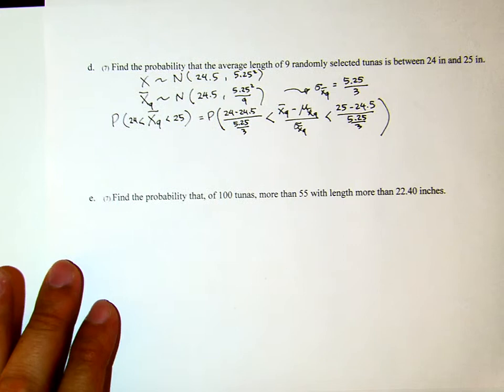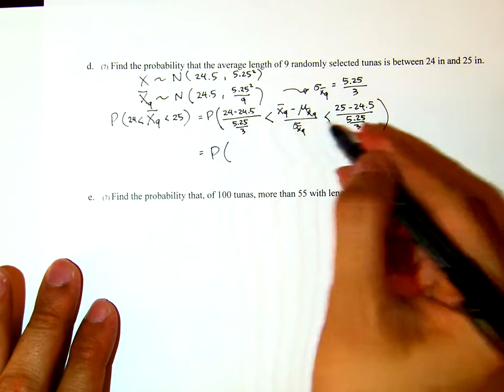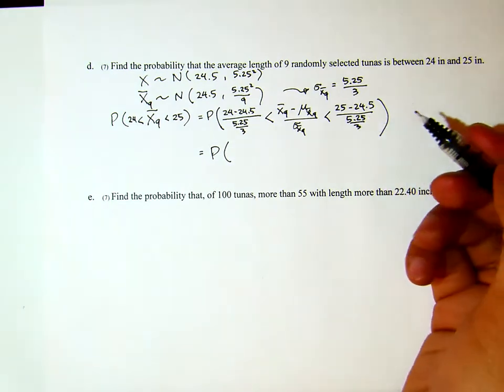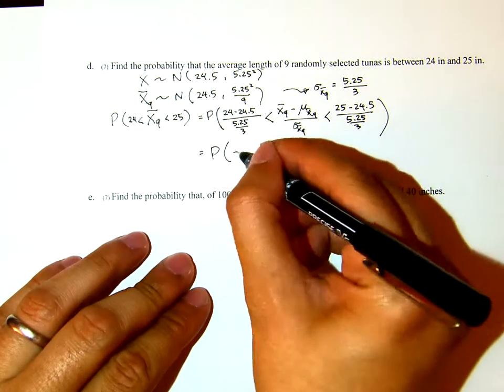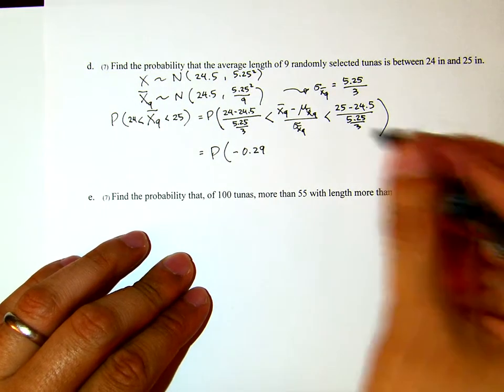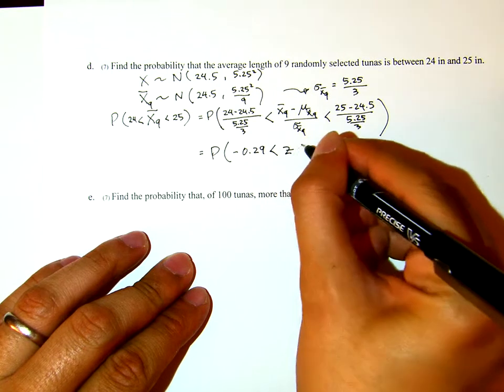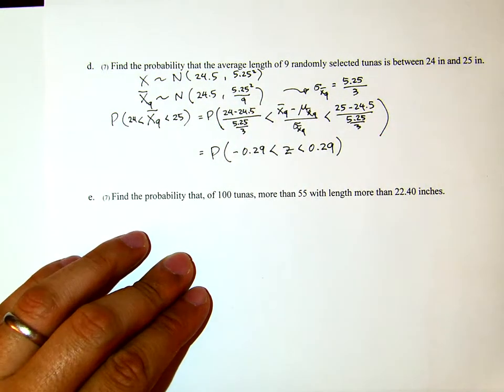Oh, that's a long one. See what I did there is actually to standardize, right? Now if I compute that, it will be negative 0.29, actually negative 0.28 something, less than z less than 0.29 if you compute each one using a calculator.